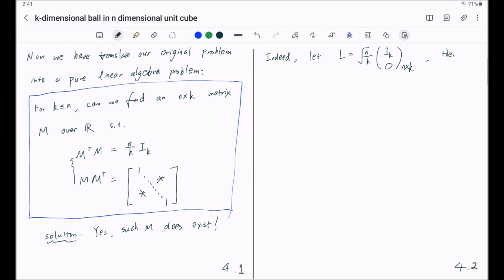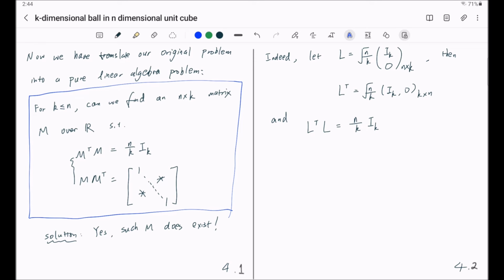Then, if you look at its transpose, L transpose will be a k by n matrix. And if you look at L transpose times L, this product will be precisely n over k times I_k, which satisfies our first requirement.